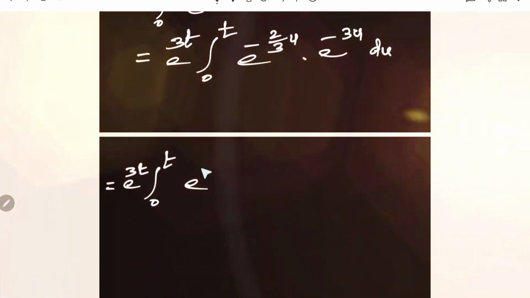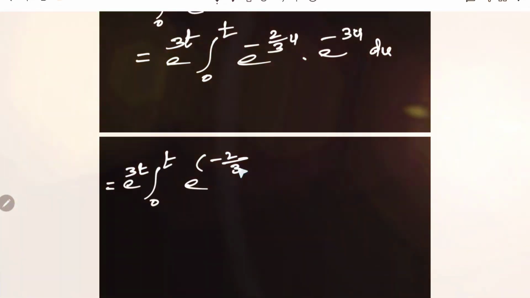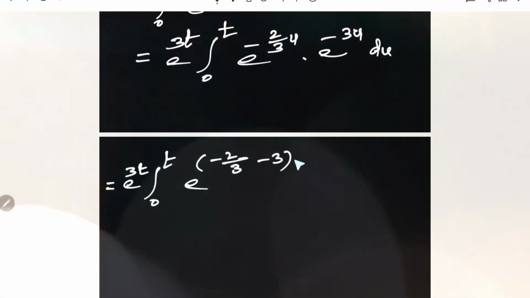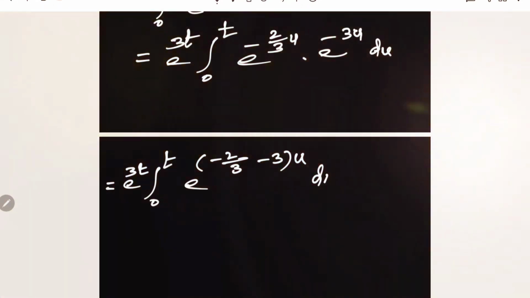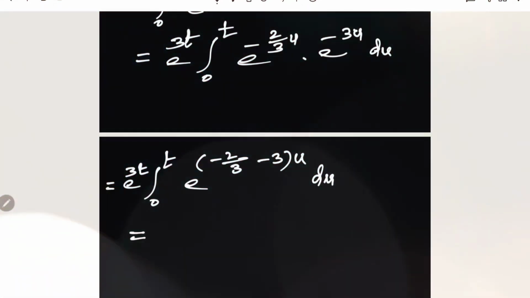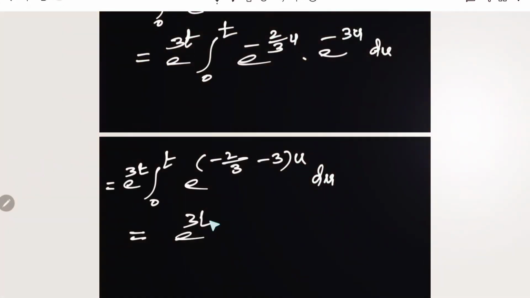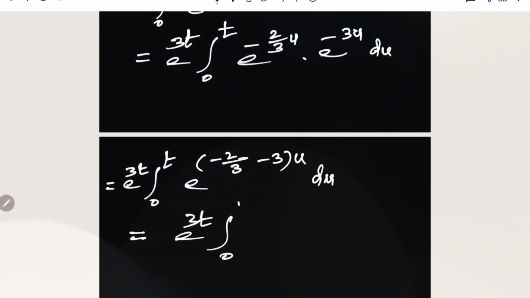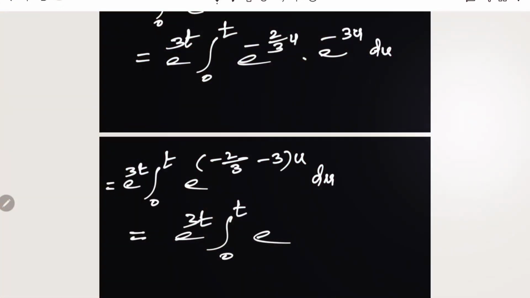Therefore, it is e raised to minus 2 by 3 minus 3 times u and its integration with respect to u. E raised to 3t, integration from 0 to t, e raised to, finding the LCM, minus 2 minus 9, we get minus 11 by 3 times u and its integration with respect to u.